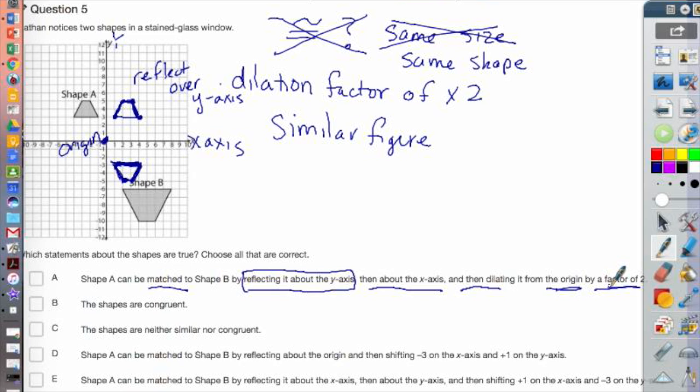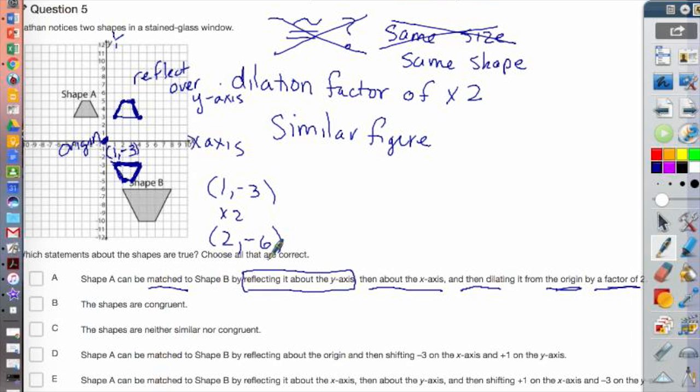Okay, well, let's take one of these points just for an example. This point right here is 1, -3. If I multiply that times 2, if I take both those points times 2, I should end up at 2, -6.